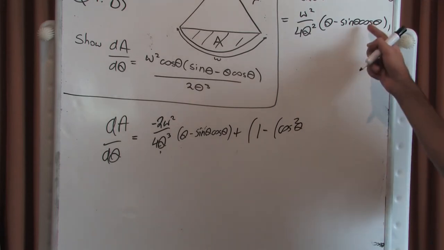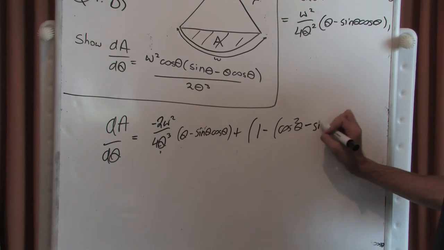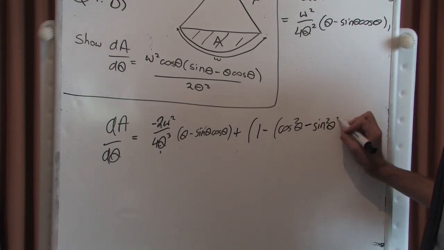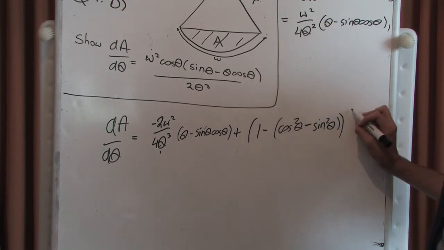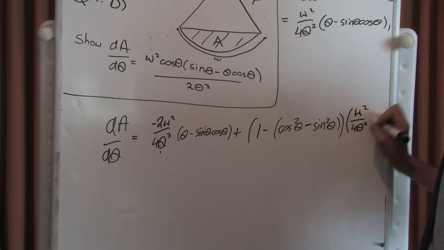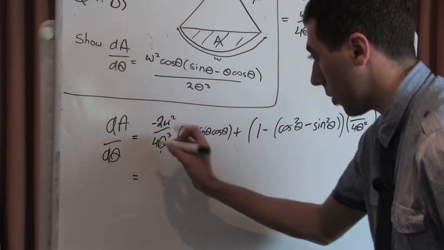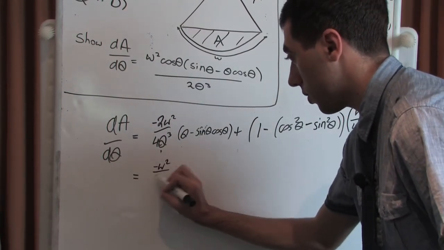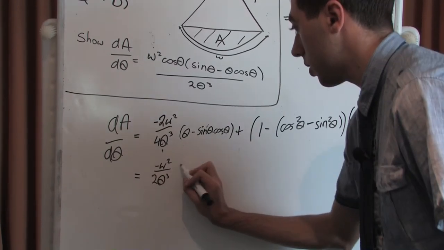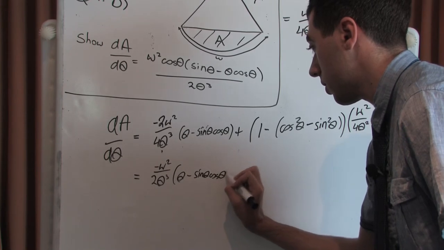Similarly, the derivative of cos is minus sine theta, times sine theta, so that's sine squared theta. Now if I simplify this, we get minus w squared theta over 2 theta cubed outside of 1 minus sine theta cos theta.